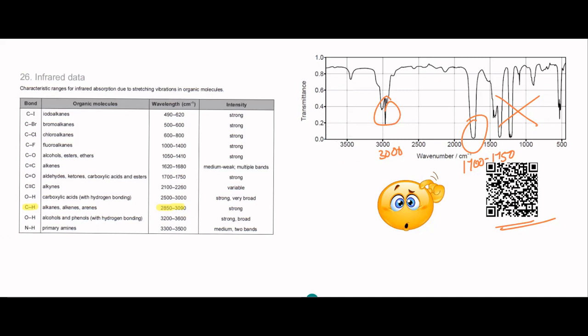Some of you might be confused with this data also. We can eliminate it because the empirical formula of the compound given to us is C3H6O1. If you have an alcohol, let's take ethanol for instance. Ethanol is CH3CH2OH, and its molecular formula would be C2H6O1, or I can have a general formula CnH2n+2O1.